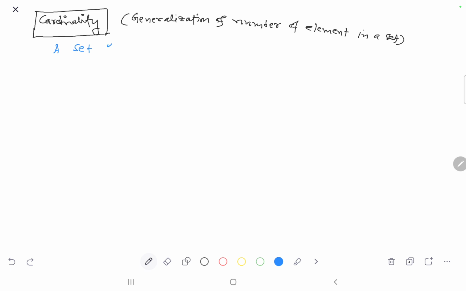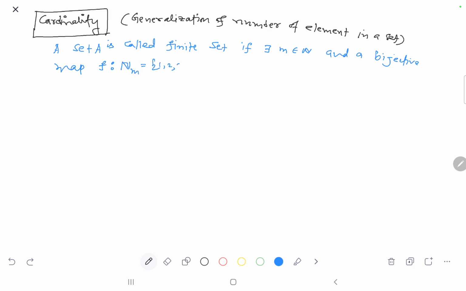A set A is called a finite set if there exists m belonging to the natural numbers and a bijective map f from N_m to A, where N_m is defined as {1, 2, 3, up to m}.